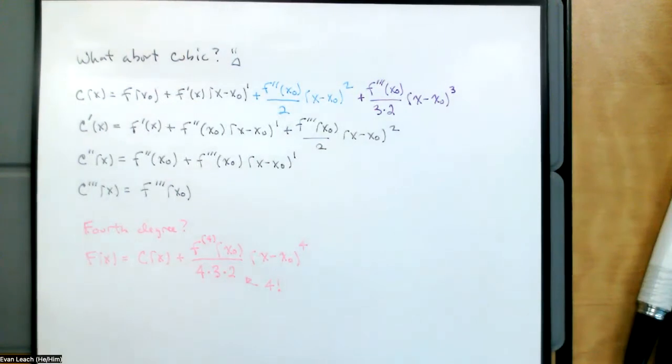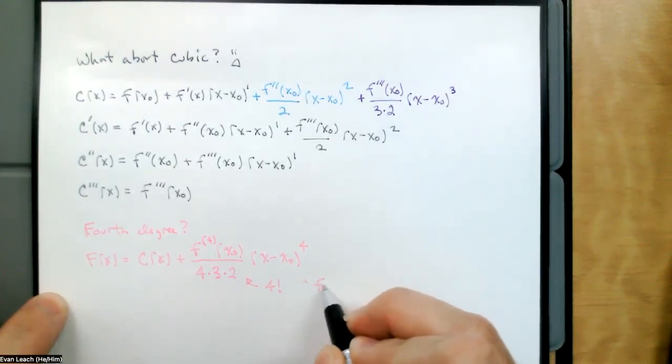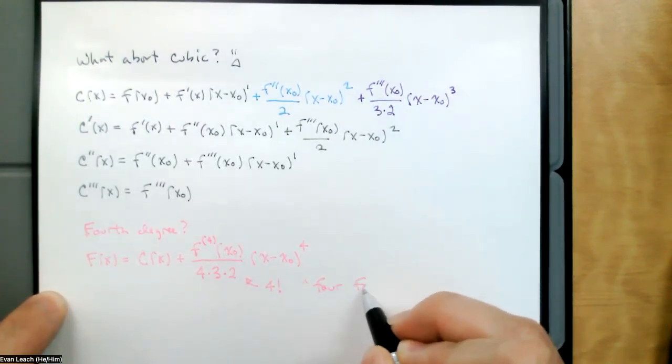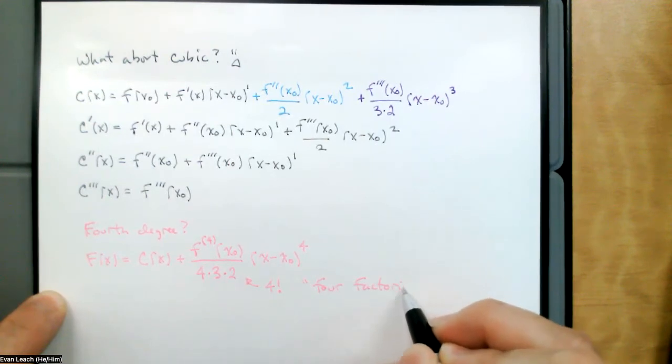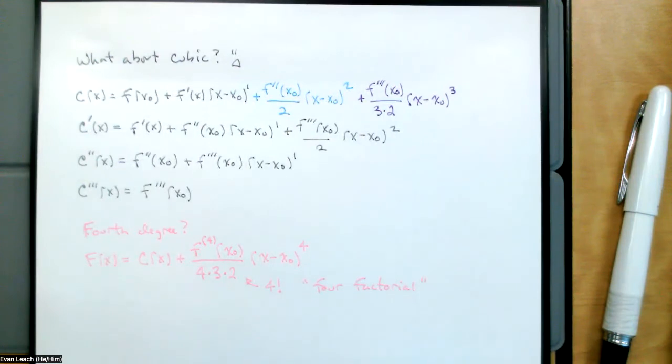Our notation for that is 4 factorial, which is the unfortunate 4 with an exclamation point after the number. Actually, you don't read it that way. You should just say factorial instead of shouting 4.